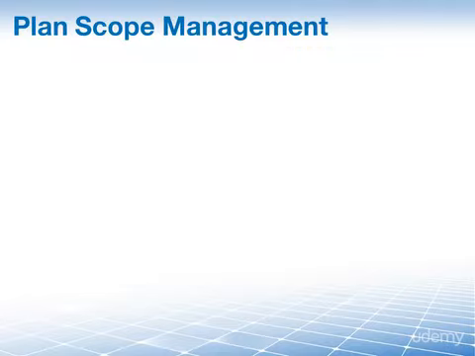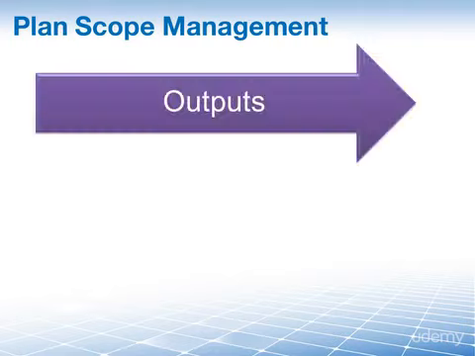As a result of taking our 4 inputs and combining them with the 2 tools and techniques of expert judgment and meetings, we are going to end up with 2 outputs. But these outputs are very important in building a strong foundation for how we address scope throughout the project lifecycle.